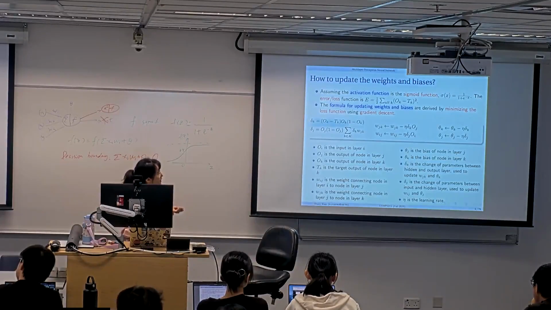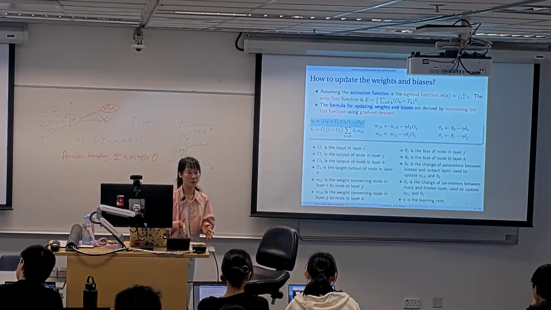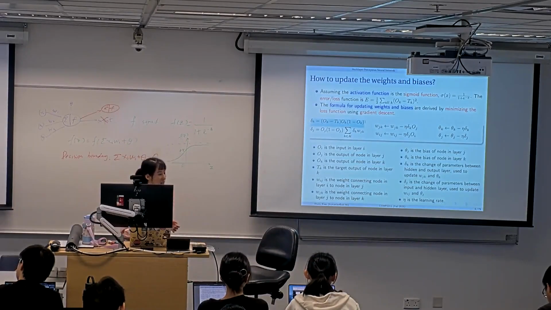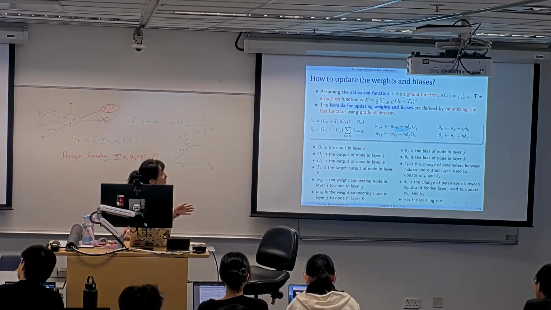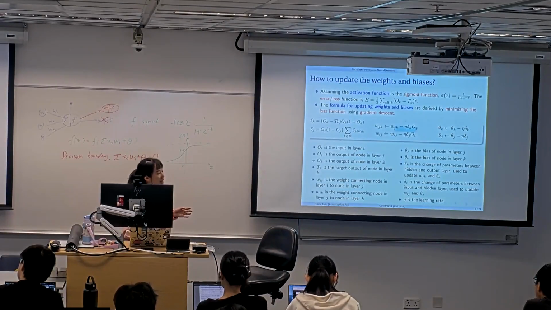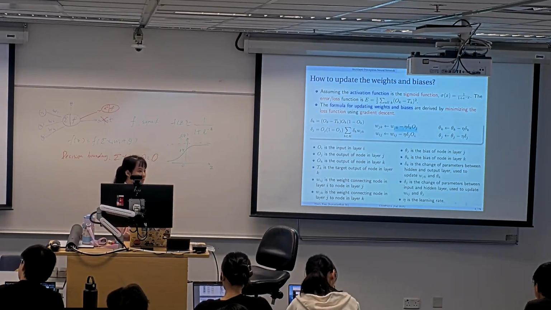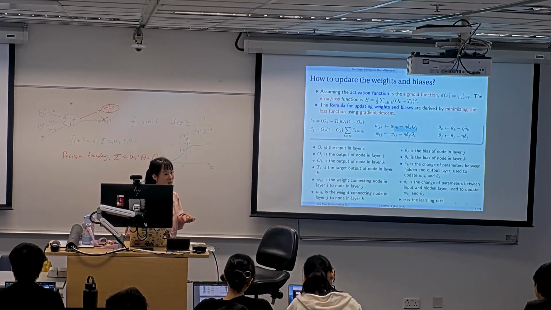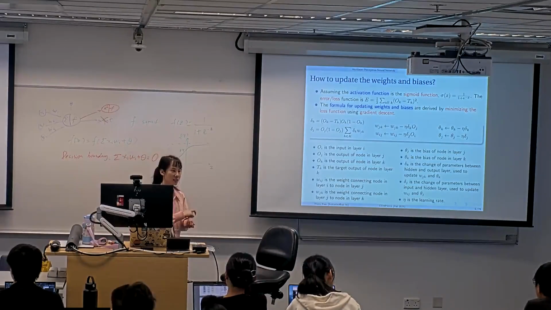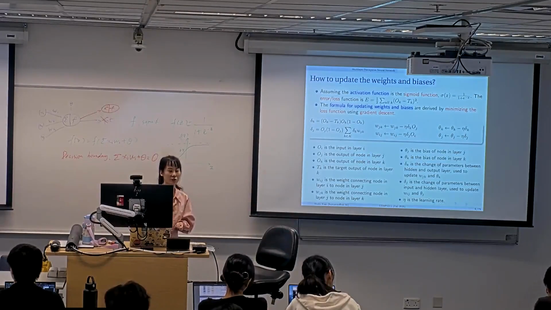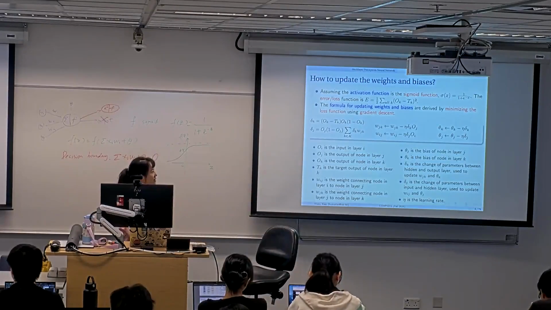After we have delta K, we can use delta K to update the parameters between the hidden and output layer. Between the hidden and output layer, we have Wjk. So we can first update Wjk to be the old Wjk minus eta, the learning rate, times delta K, which we just computed, times Oj. OJ is what you already got previously in forward propagation, the hidden layer outputs.